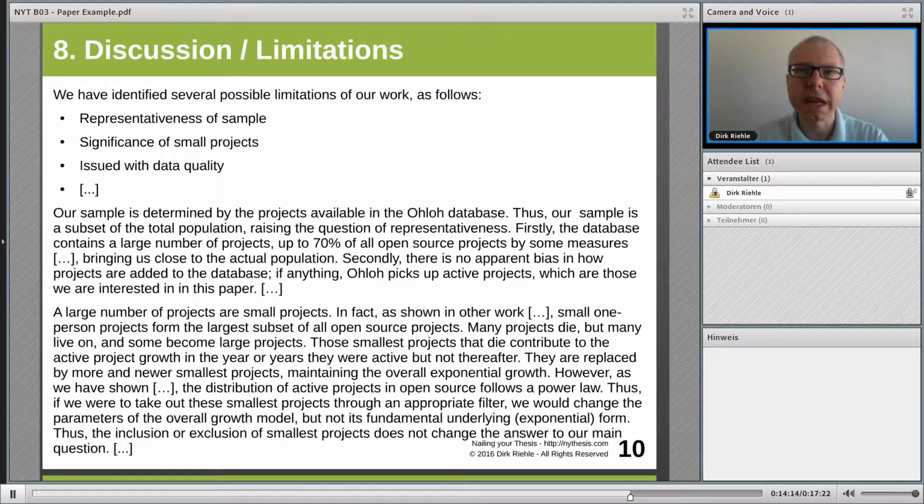So not all of this is negative in the sense of showing limitations and reducing the power of your results. There are also sometimes interesting sparks, interesting insights for future research.